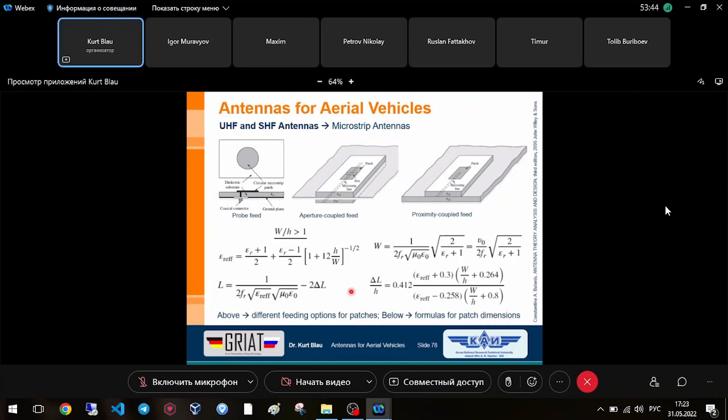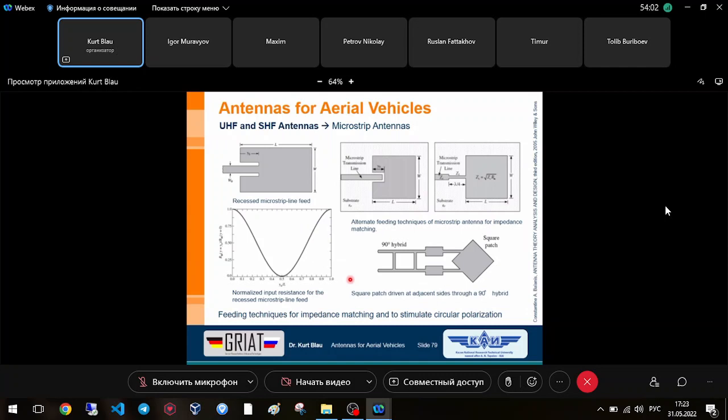Then you can realize a patch antenna element with a gain of about 6.5 up to 7 dBi in the 70 centimeter range for radio amateurs.